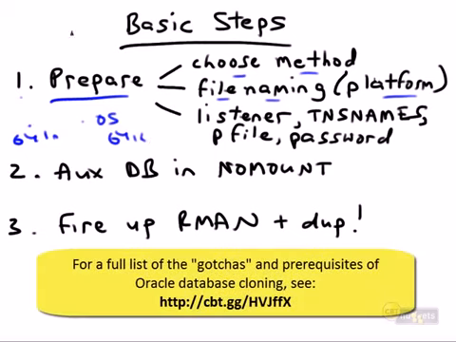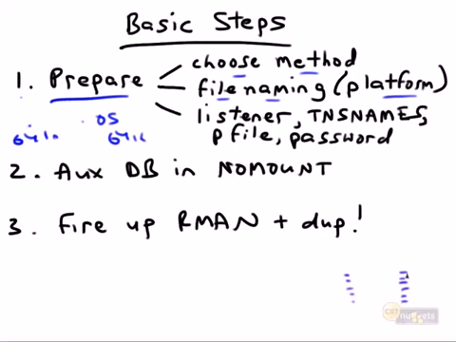And the file naming means, is your directory structure on your source database different from on your destination? You may want them to be different, you may want them to be the same. We have to account for that. Especially this becomes important if we're doing a duplication on the same host.